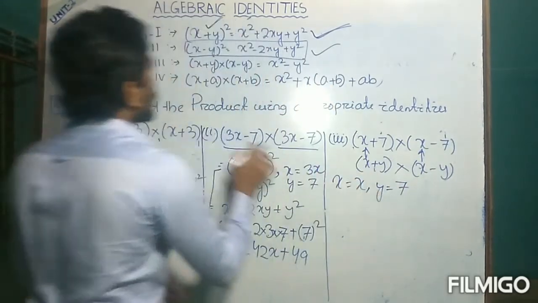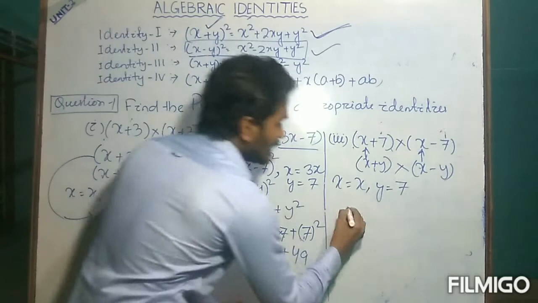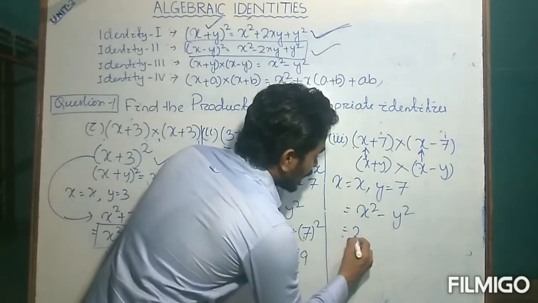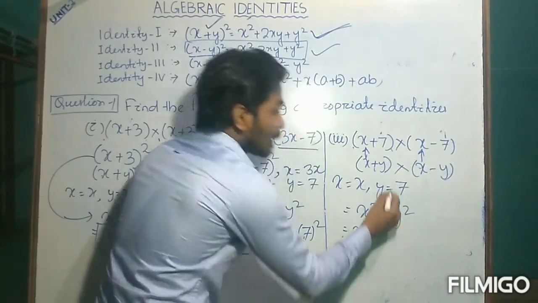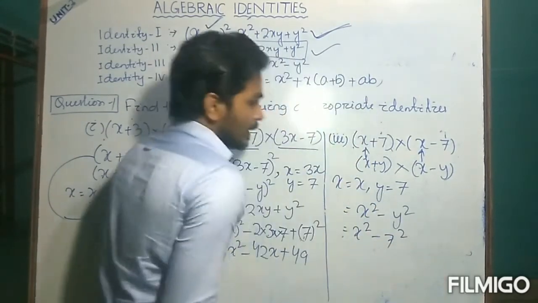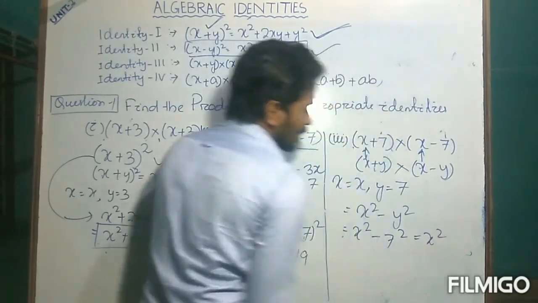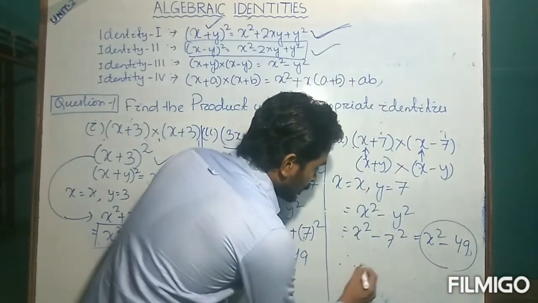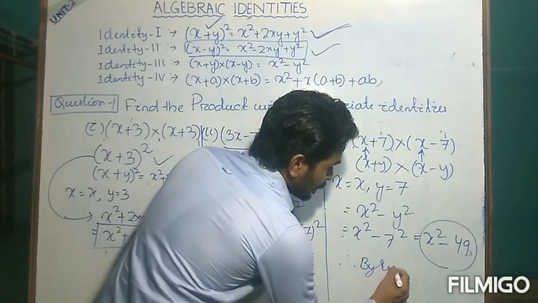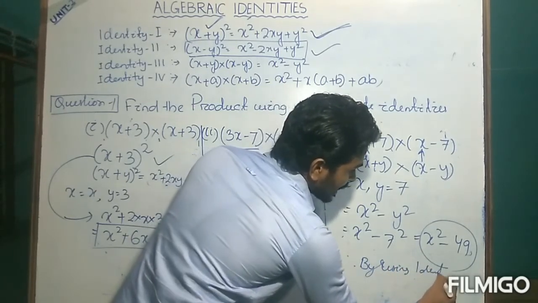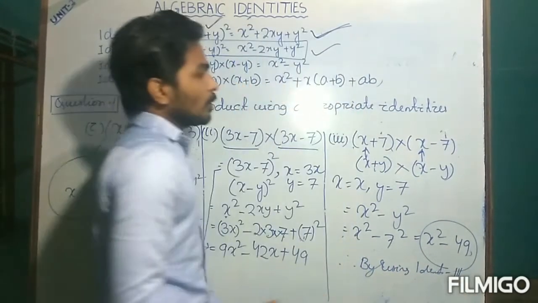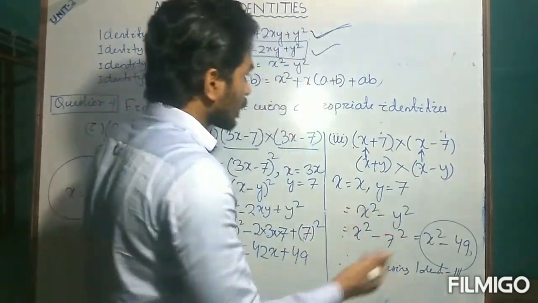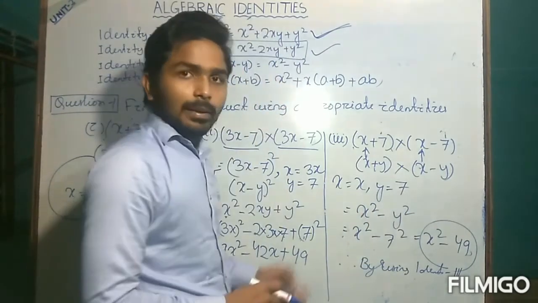And you know the formula of (x plus y) into (x minus y) is x square minus y square. So you can put in the place of x, same x square, and in the place of y, you can put 7 square. So it gives x square minus 7 square, 49. You can use which identity? Identity 3. Okay. So now the product of (x plus 7) into (x minus 7) is x square minus 49. Okay. Finally, you can write this. Now it is also clear.